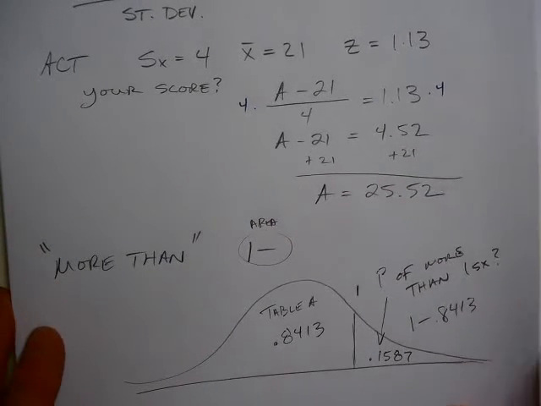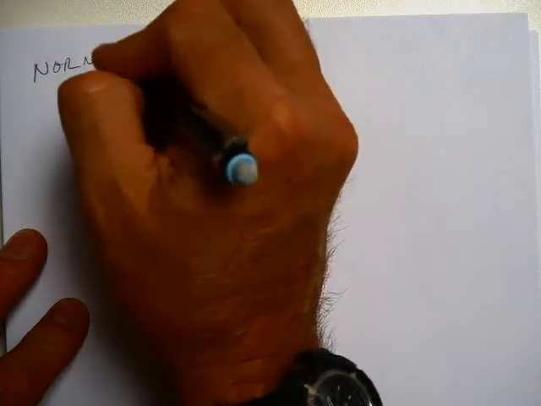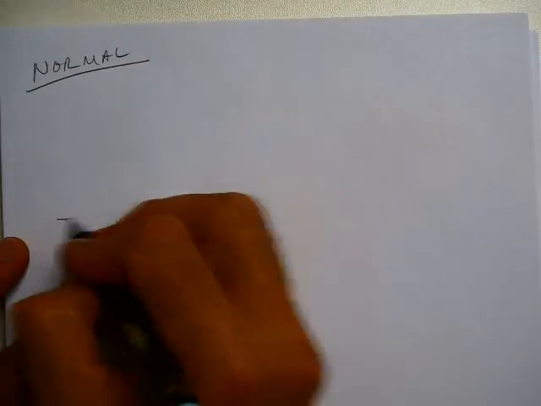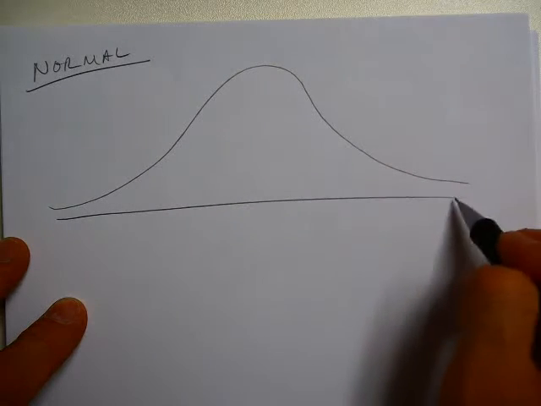You're going to get some questions like this, and some of you are going to get tossed by them. Let's say we have a normal curve, or approximately normal. Remember, there's no such thing as truly normal. It's just approximately normal or roughly normal.